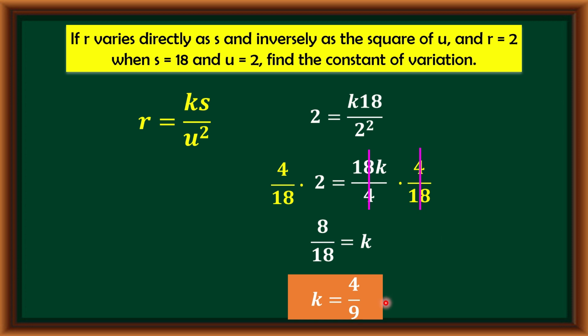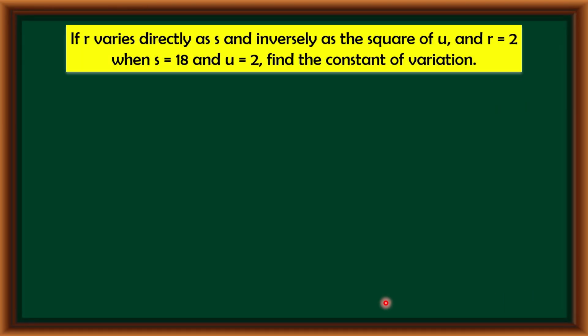So let us try the other way in solving this one. If you don't want to use the equation r is equal to k times s over u squared, let us find the constant of variation using the other equation in which we are finding the value of k already. And that equation will be k is equal to r times u squared over s.